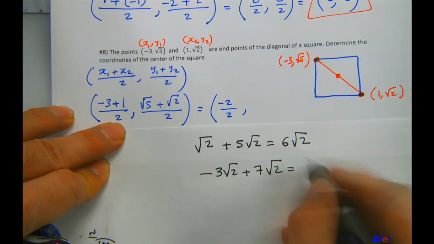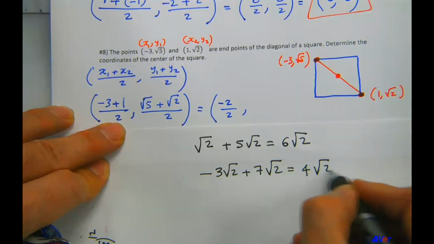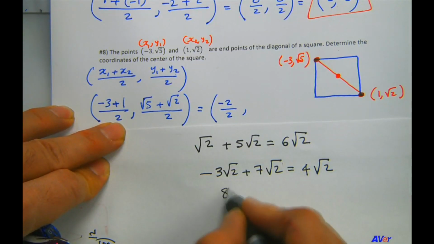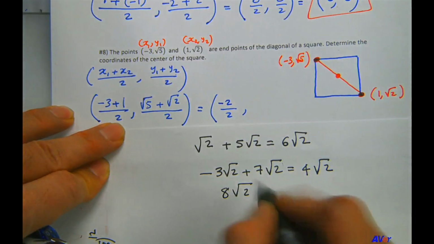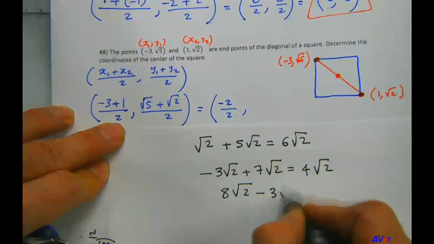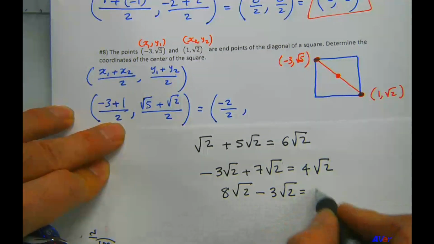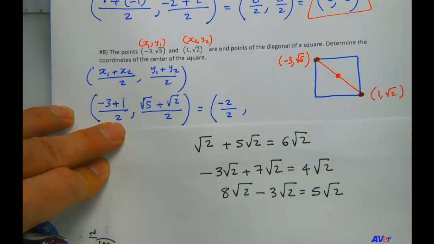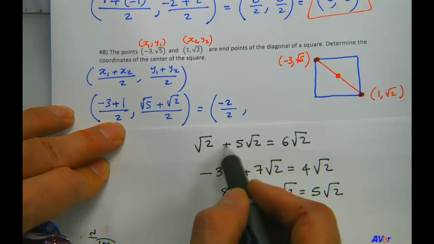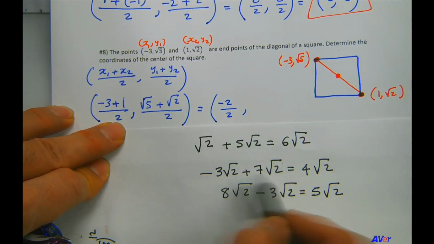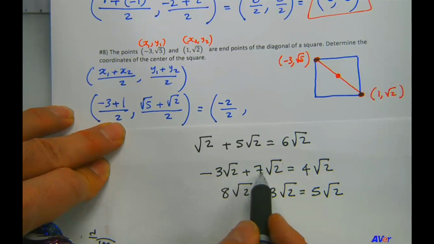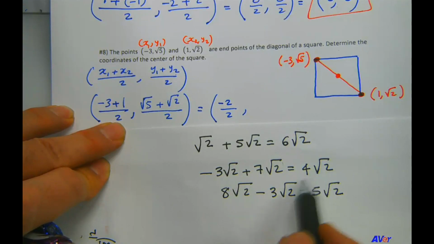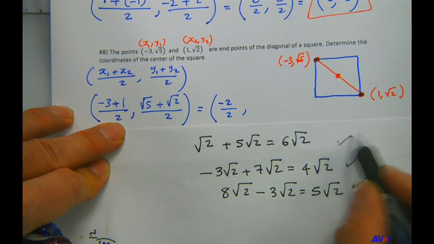So 7 minus 3, positive 4 square root of 2. If you had 8 square root of 2 minus 3 square root of 2, you could write 5 square root of 2. Do you see what's happening? If you add or subtract those, you could add or subtract the coefficients with the square root of 2 attached. Just like that. These are all allowed.